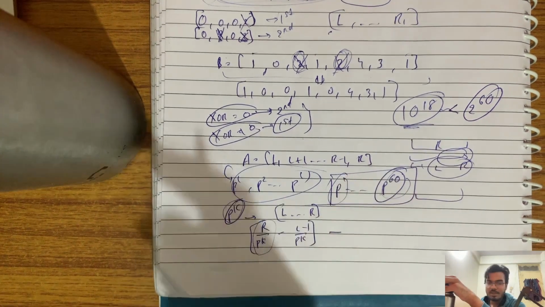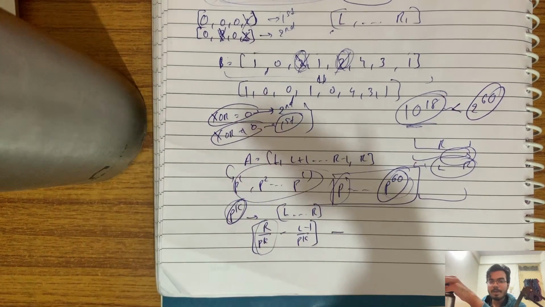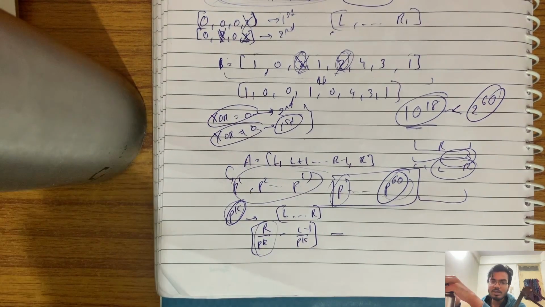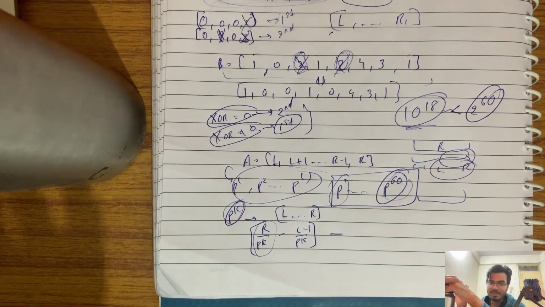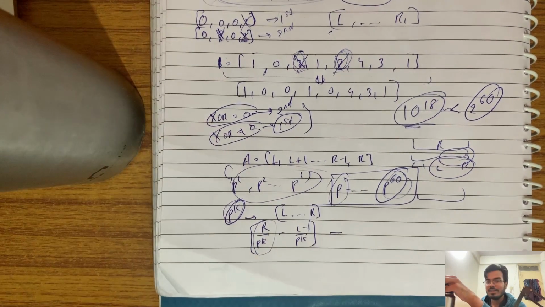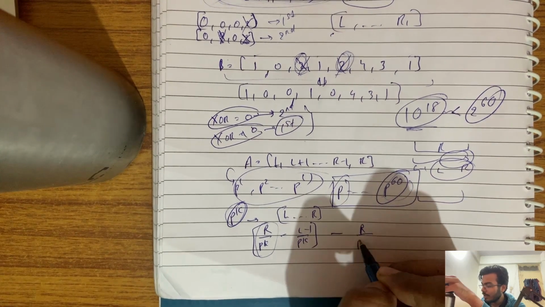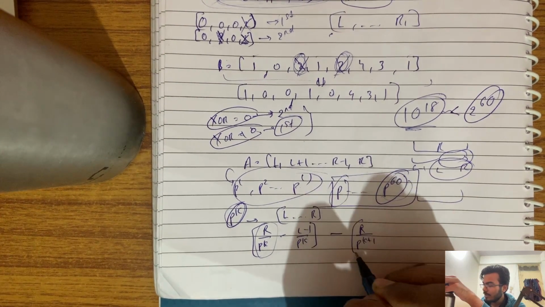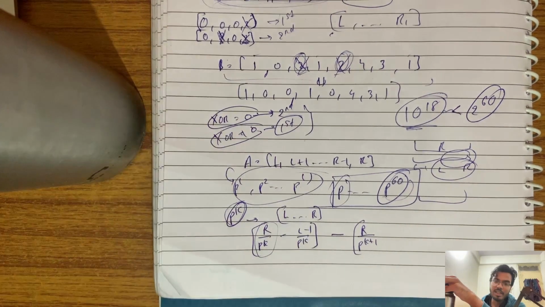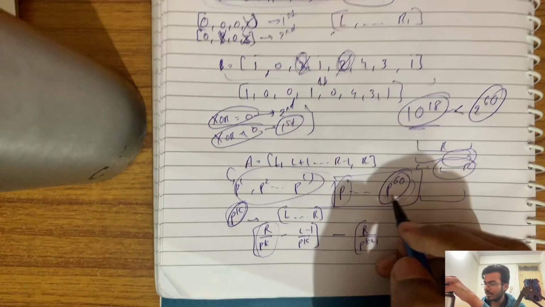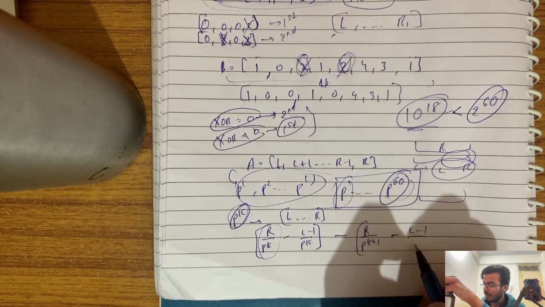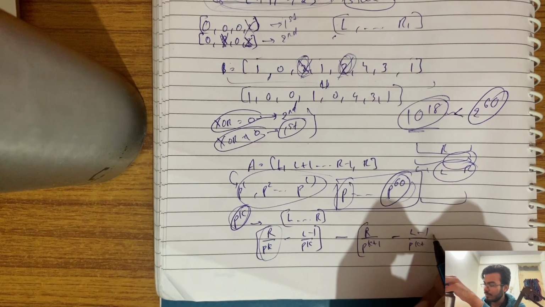Now obviously this will also contain the higher powers, because p raised to power k is not the only power. It will contain some higher powers, so I have to subtract the multiples of the higher power, p raised to power k plus 1, from this: minus R upon p raised to power k plus 1 plus L minus 1 upon p raised to power k plus 1.